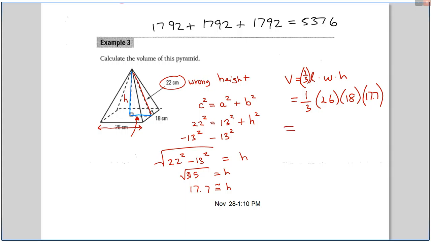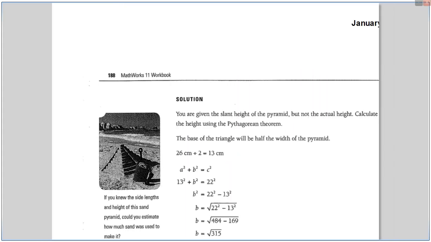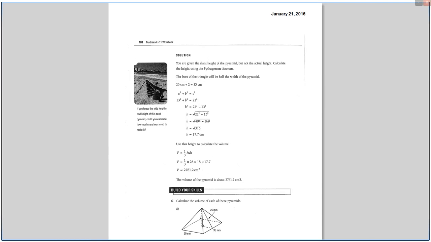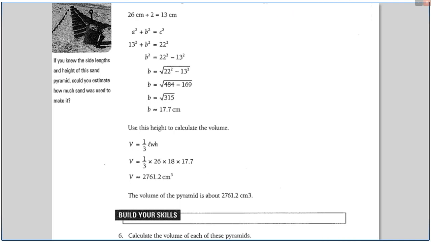The book did that on the next page. Okay? It's right here. All that work. Here's that height we calculated from above. Okay? Apex height.